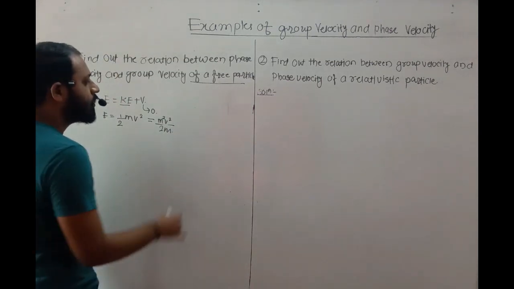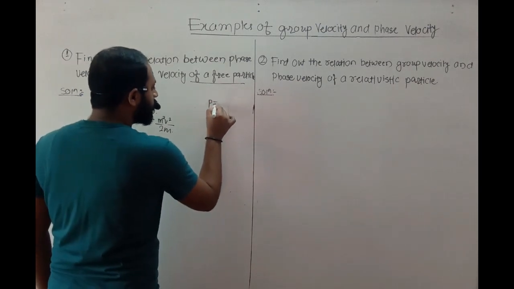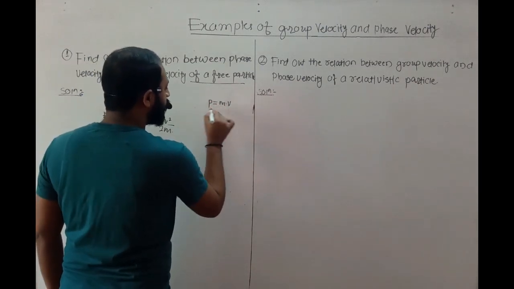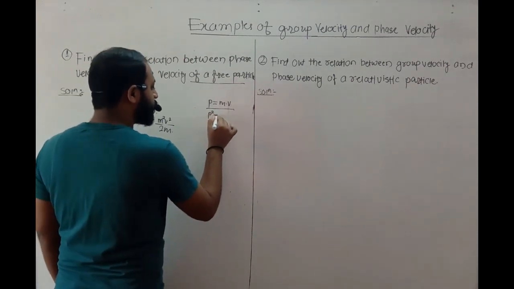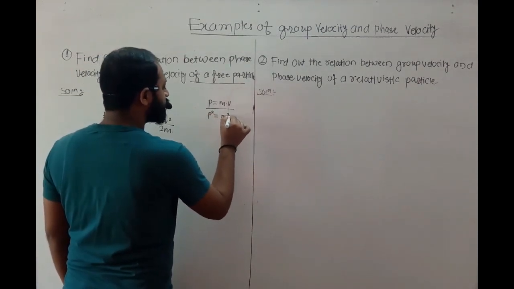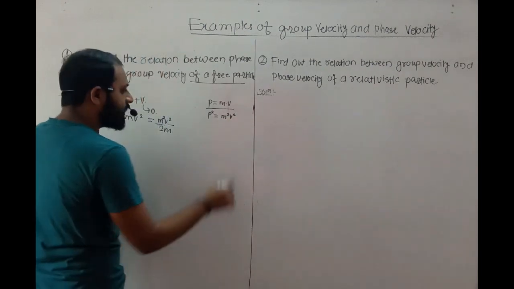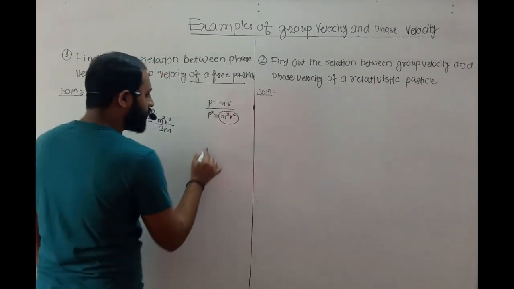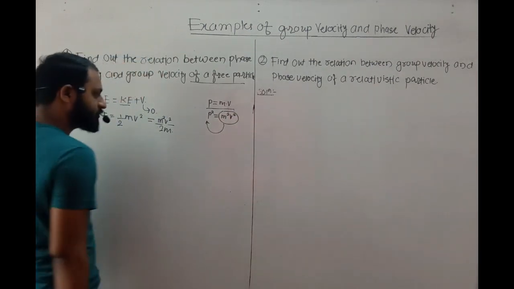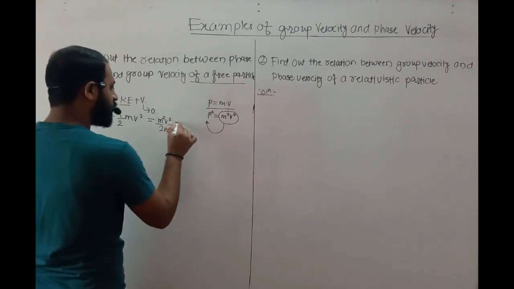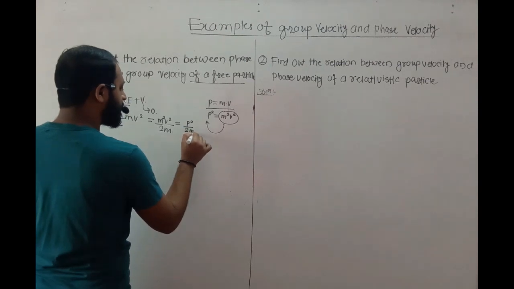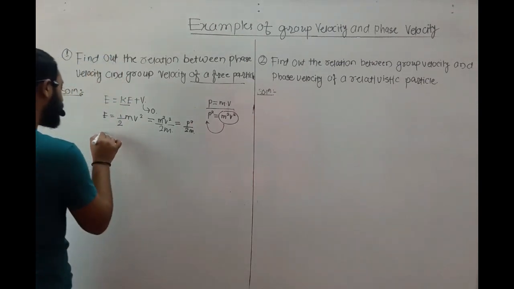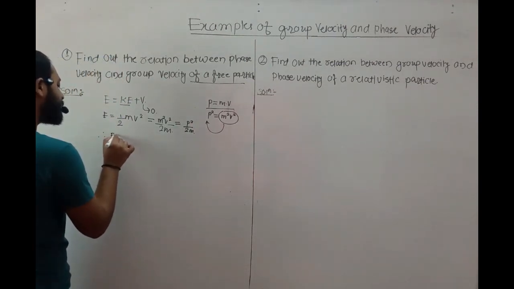Now see, momentum is mass into velocity. Squaring on both sides, p square equals m square v square. Instead of m square v square, I can write p square here. Therefore this becomes p square by 2m.